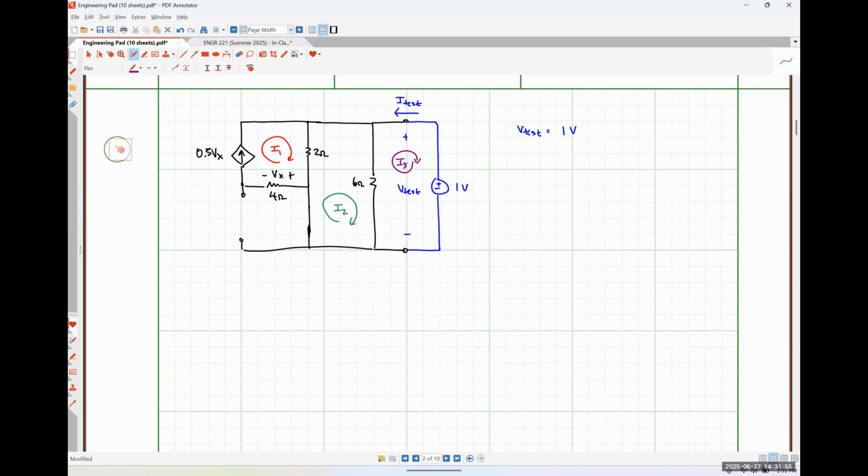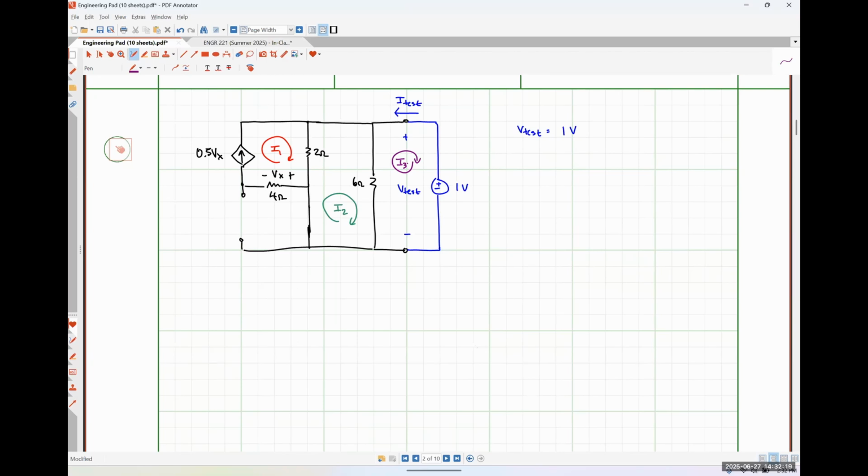I'm going to ask you guys a question here. I'd like for somebody to at least attempt to answer it. Why aren't I labeling a mesh current in the bottom left-hand corner? It's open, so it doesn't complete the loop. Exactly right. There is no mesh current in that bottom left-hand corner because there's no completed path for the current to flow through.